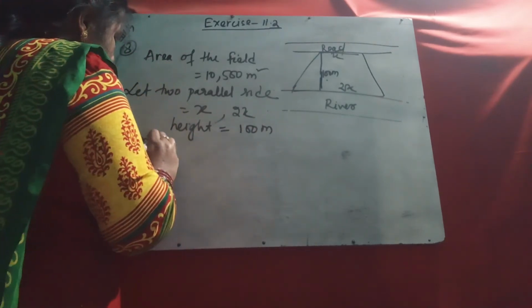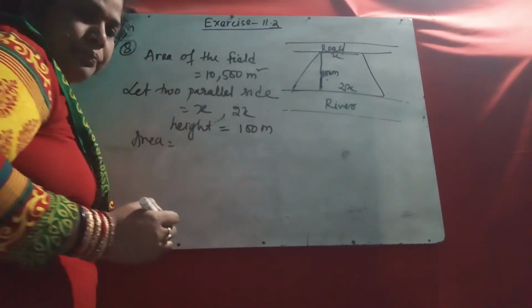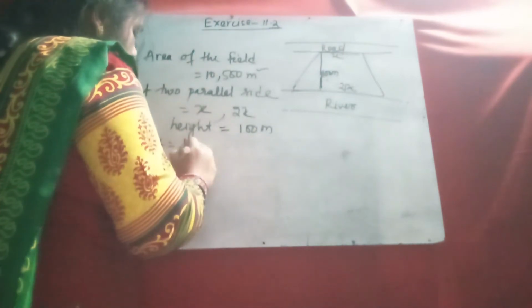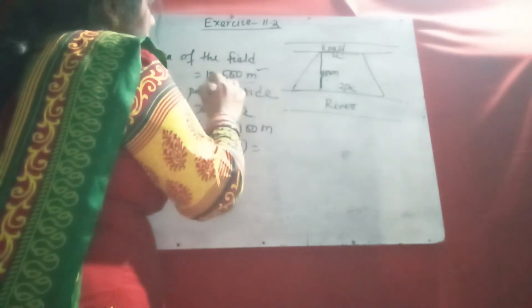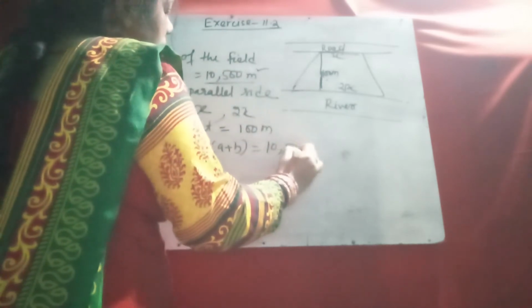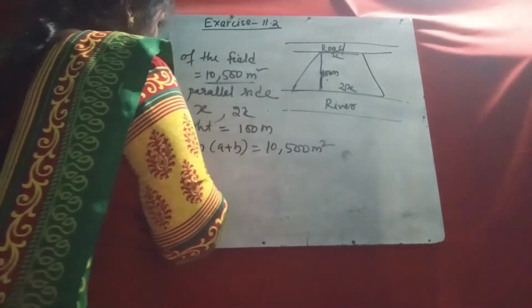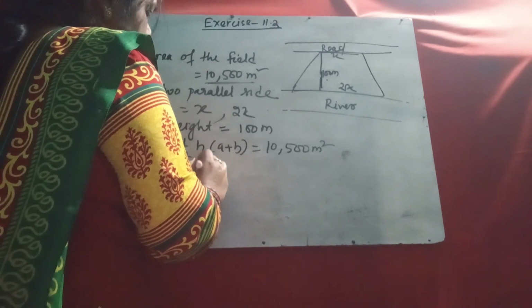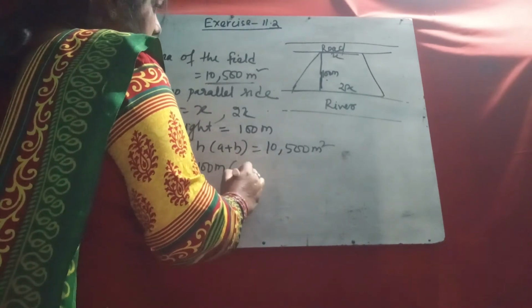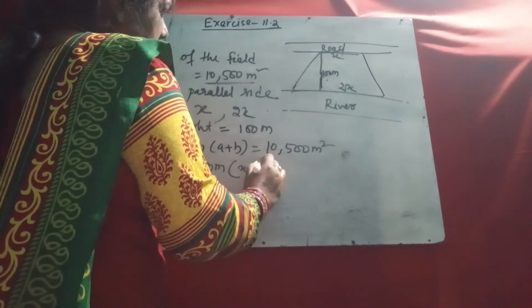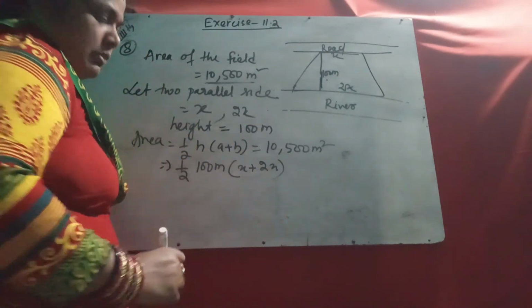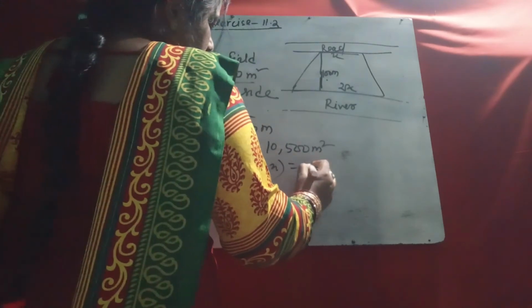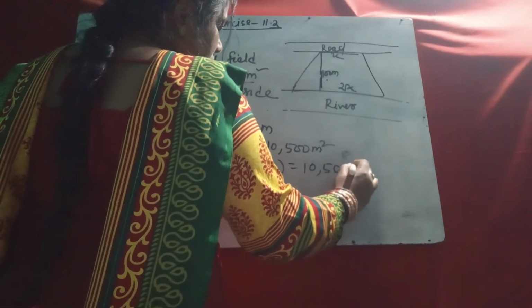So for the area, the formula is half into h into A plus B, equal to what is given, 10,500 meter square. So half into h equals 100 meter, A equals x, B equals 2x, equal to 10,500 meter square.